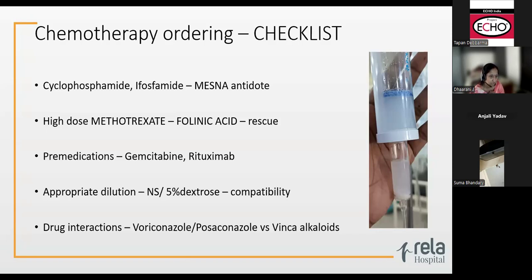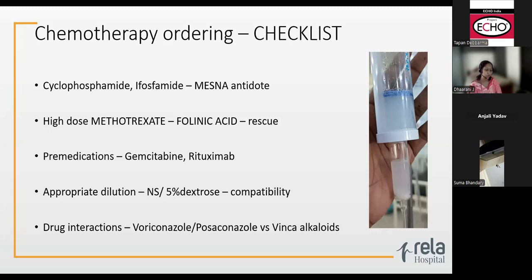Usually the drug will have an insert, and the drug insert will mention what the compatible IV fluid solutions are. So carboplatin and oxaliplatin, we usually mix in 5% dextrose.